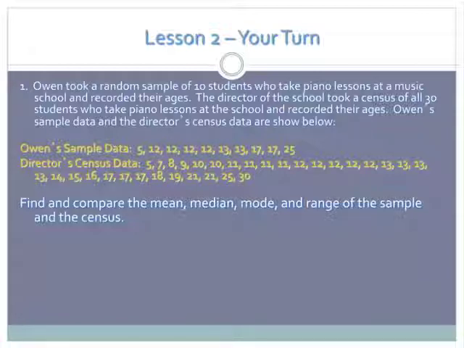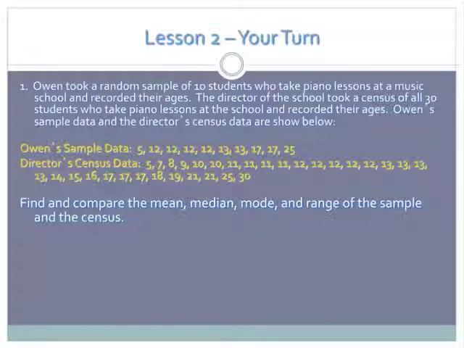Owen's sample data and the director's census data are shown below. So you see Owen's sample data there and you see the director's census data. We would like for you to find and compare the mean, median, mode, and range of the sample and the census. You need to find the mean, median, mode, and range of Owen's sample and the director's census.